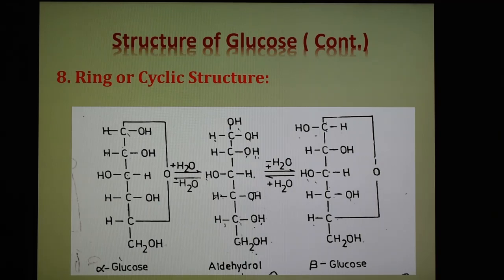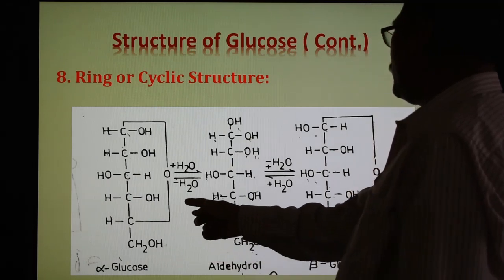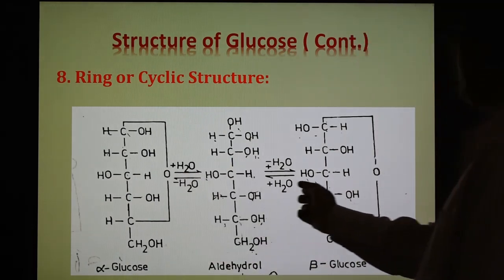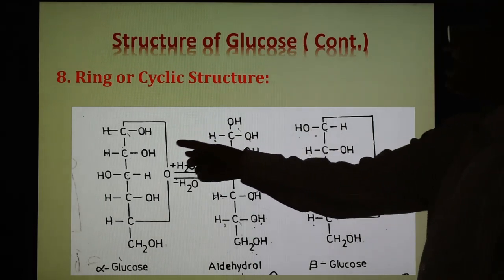These 2 forms of glucose are known as alpha and beta glucose, and they are interconvertible through the open chain structure, which is shown in this slide. So this is alpha glucose, this is the open chain structure, and here is beta glucose. The arrangement is different compared to alpha.